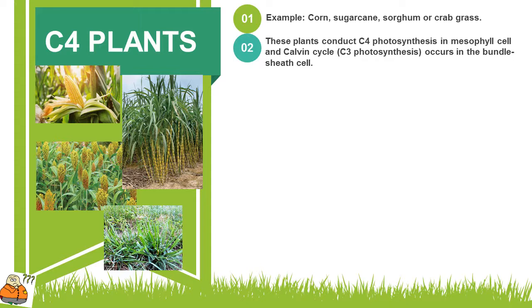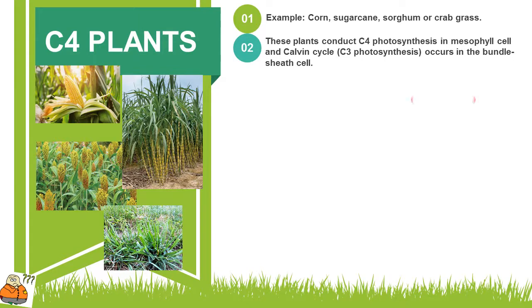C4 plants conduct C4 photosynthesis in the mesophyll cell, and then the Calvin cycle or C3 photosynthesis occurs in the bundle sheath cell. Remember that I told you earlier that this kind of plant, C4 plant, has a structural rearrangement. Two cells are involved in order to increase photosynthesis rate and minimize the cost of photorespiration.